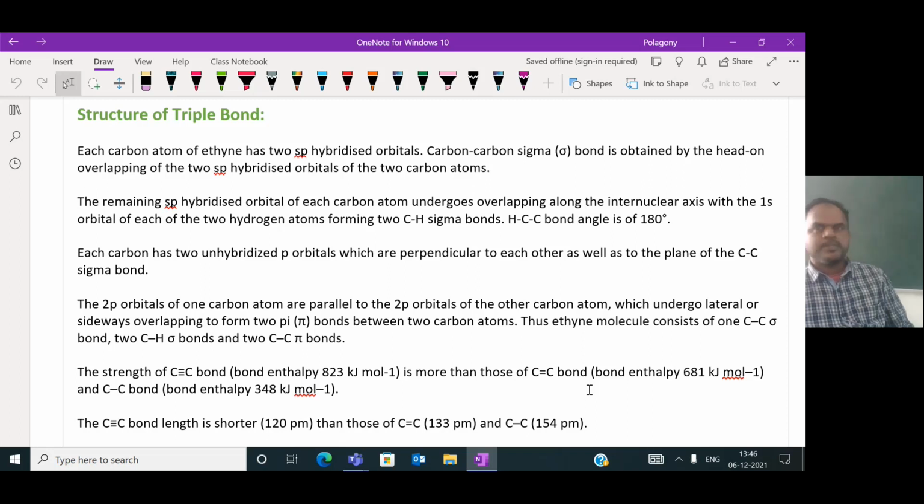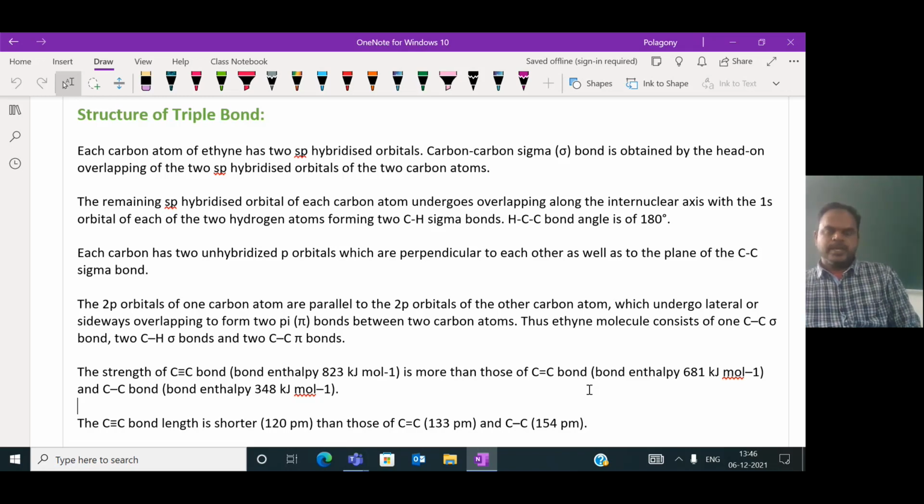But as you compare with alkenes, alkynes are less reactive. If you want to know the reactivity of alkynes, we must study the structure of the triple bond present in alkynes. Alkynes have the triple covalent bond, whereas alkenes have a double covalent bond, and alkanes have a single covalent bond.